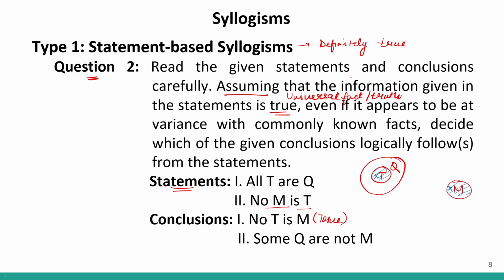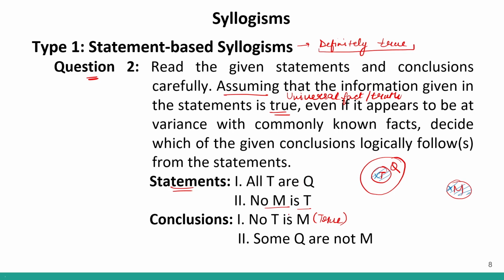We do not look at possibilities. If there is a possibility, it should be mentioned in the conclusion, like 'some Q are not M is a possibility.' Then we can tick it. Then it is correct. But if it is not mentioned as a possibility, we only take the ones that are definitely true or definitely false depending on the question.